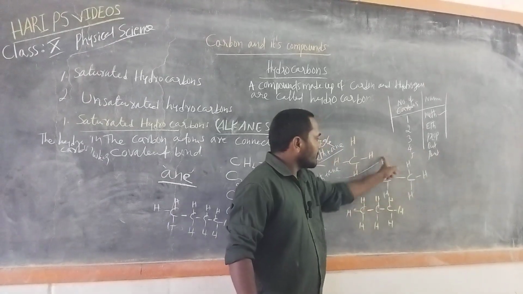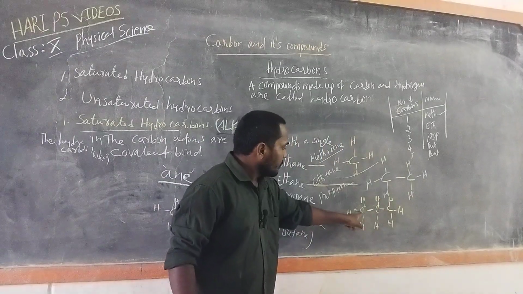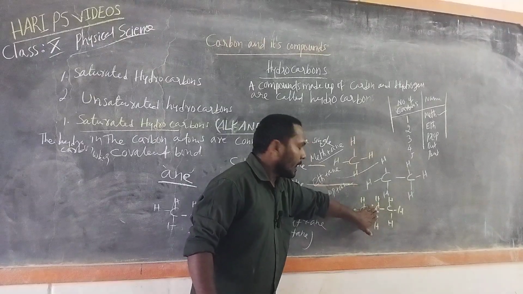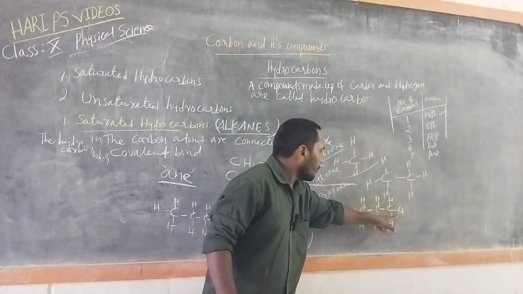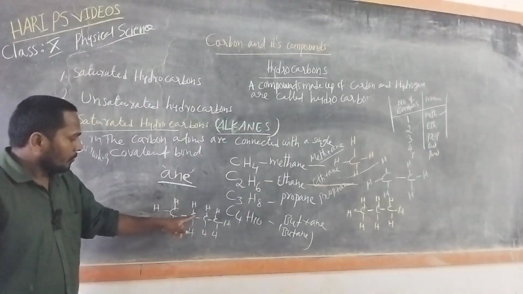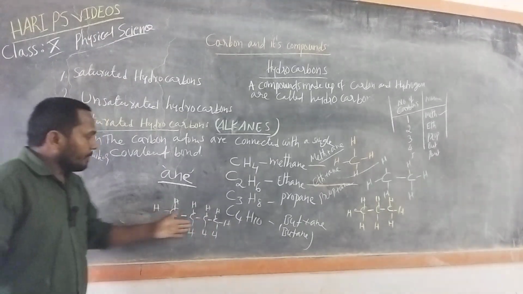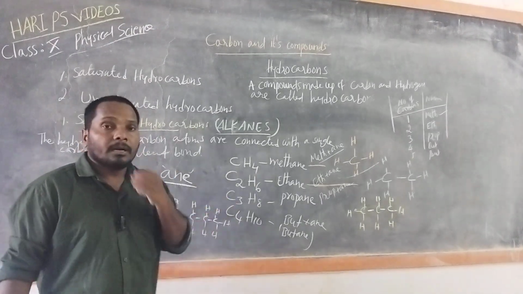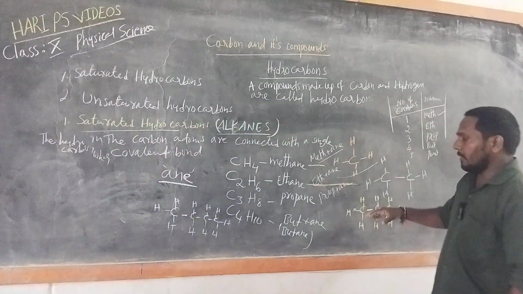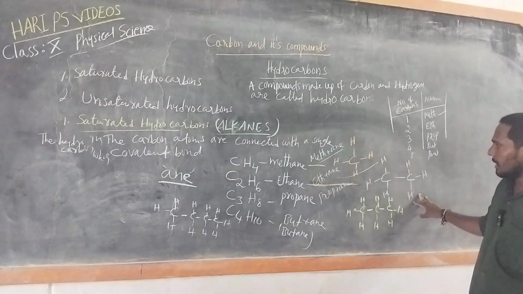This carbon has 4, this carbon has 4, and similarly for each other carbon. So every carbon is satisfied with tetravalency, and so every carbon atom gets stability.